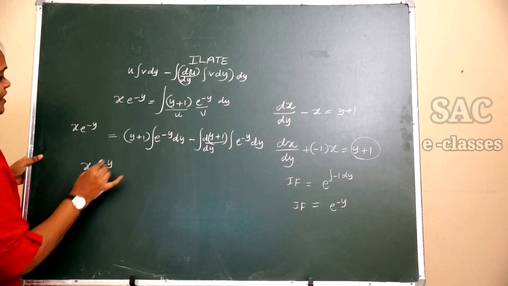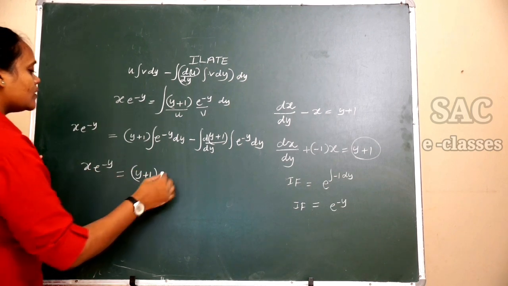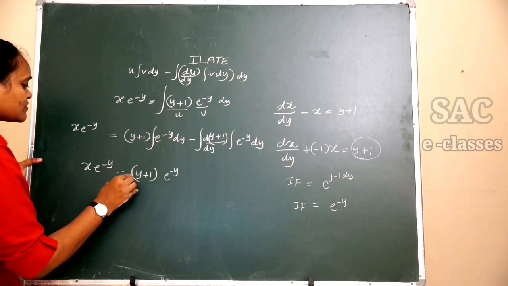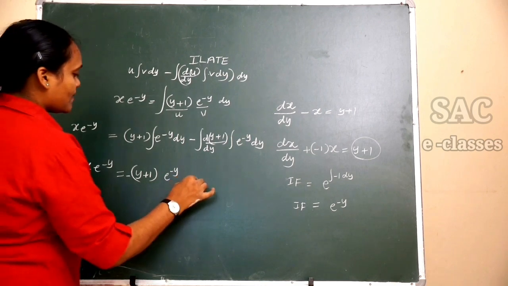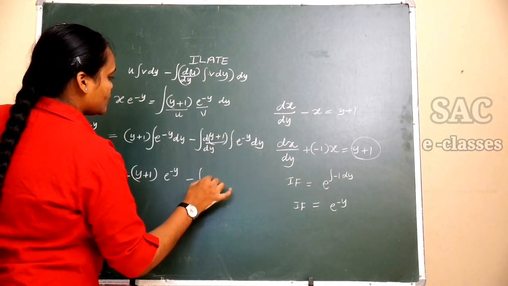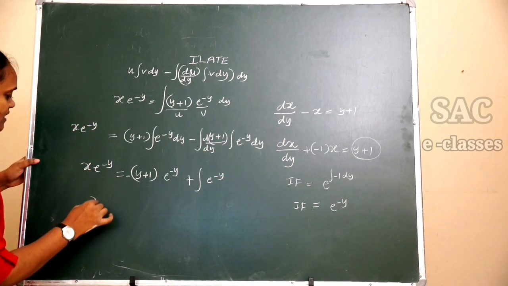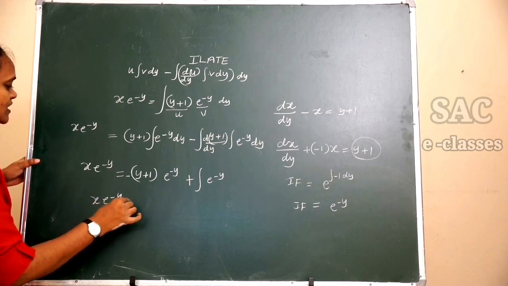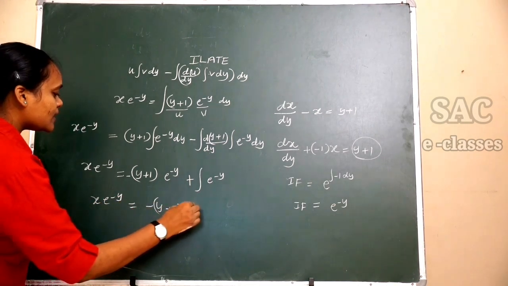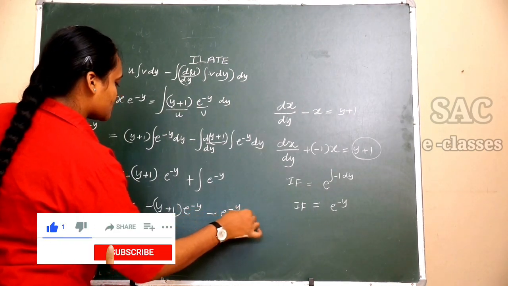So x into e to the power minus y equals (y + 1) into the integral of e to the power minus y, which is minus e to the power minus y; here y becomes 1 and 1 becomes 0, so e to the power minus y, and again it becomes plus. Then x into e to the power minus y is equal to minus (y + 1) into e to the power minus y minus e to the power minus y.